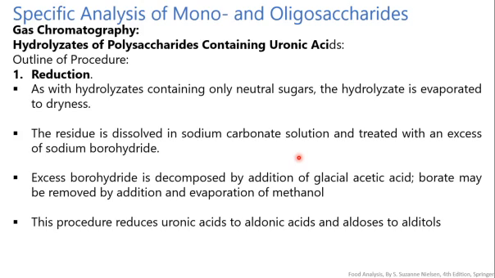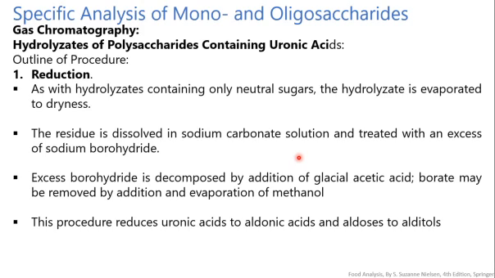So the next one is the hydrolysate of polysaccharide containing uronic acids. As with the hydrolysate containing only neutral sugars, the hydrolysate is evaporated to dryness. The residue is dissolved in sodium carbonate solution and treated with excess sodium borohydride.